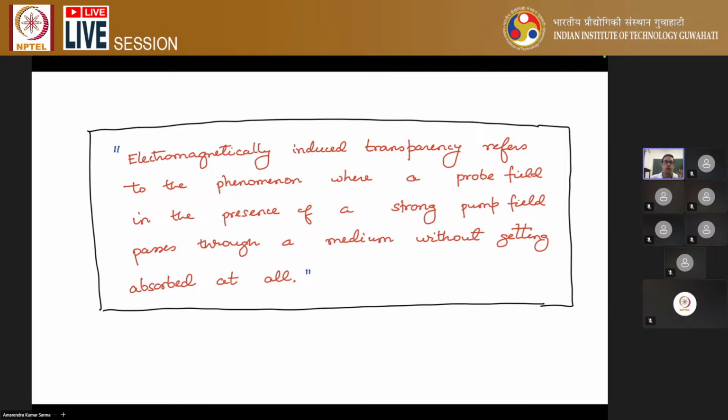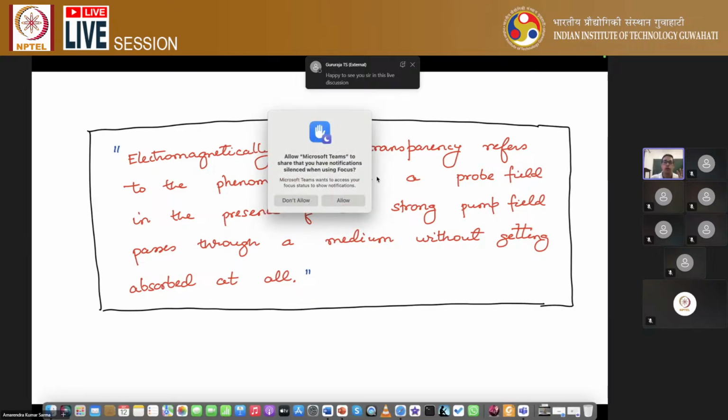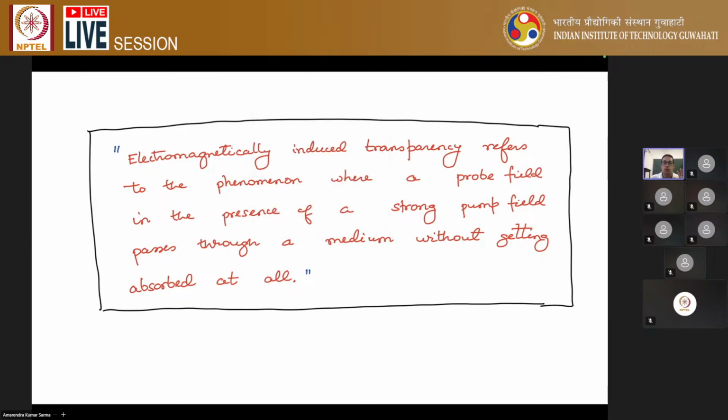We discussed the physics here, and this point has to be kept in mind, that the probe is basically getting transparent. Okay, it can pass through the medium without getting absorbed, not the pump. In the presence of the pump, this probe is passing through the medium without getting absorbed at all.